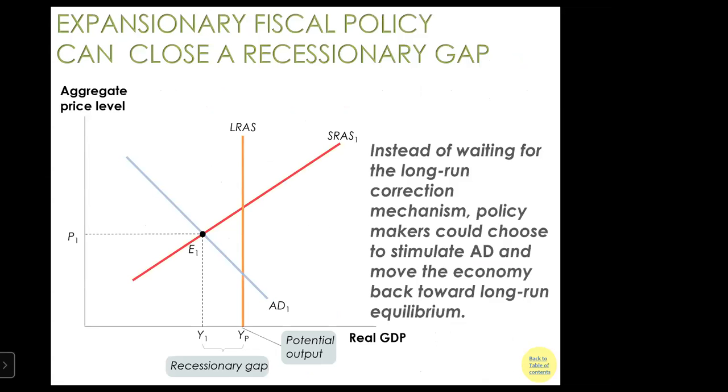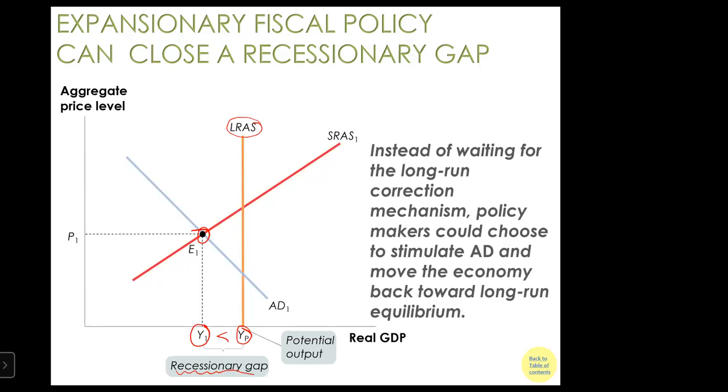Now, let's use the aggregate demand and aggregate supply diagram we studied in the previous chapter to understand this expansionary fiscal policy. Currently, we are in E1. Compared to the long run aggregate supply, we produce less than we potentially can produce, and we are in a recessionary gap.